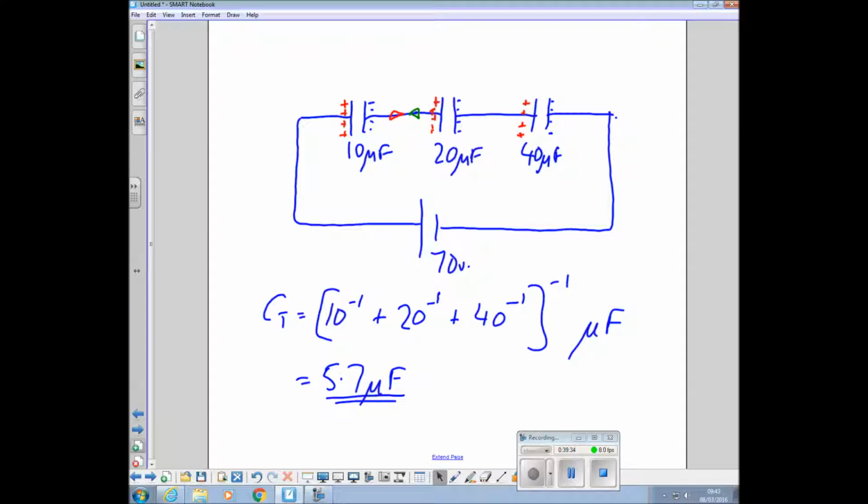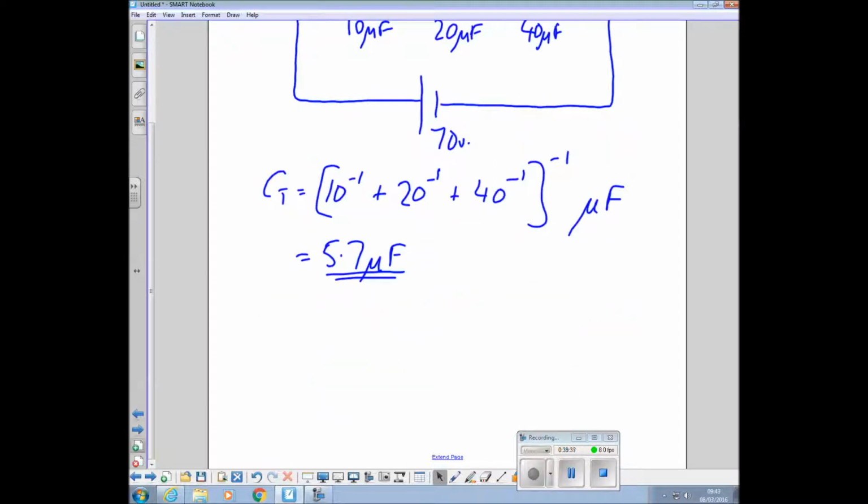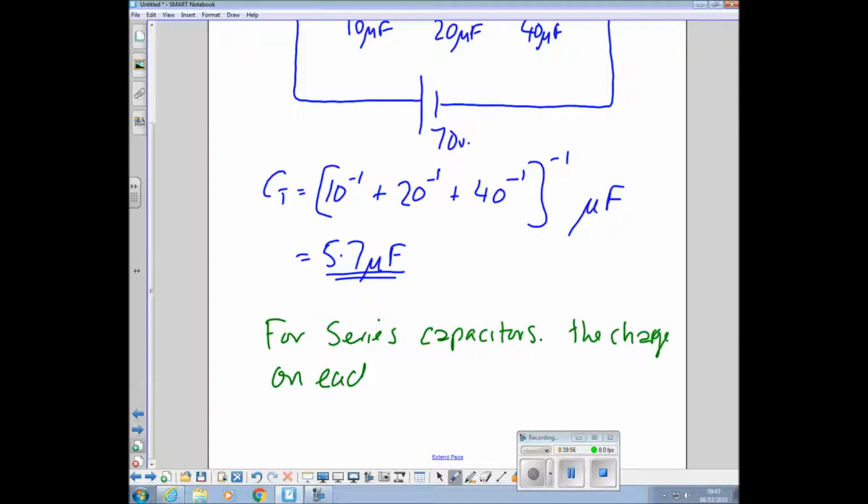The point I'm making here is, for series capacitors, the charge on each capacitor equals the total charge. That's fact. That's a statement.